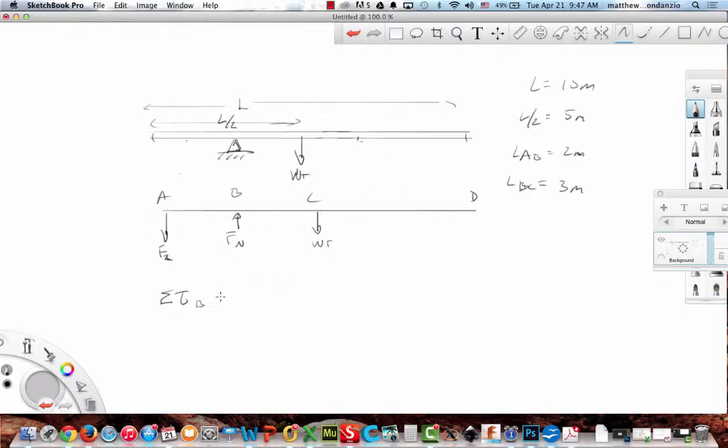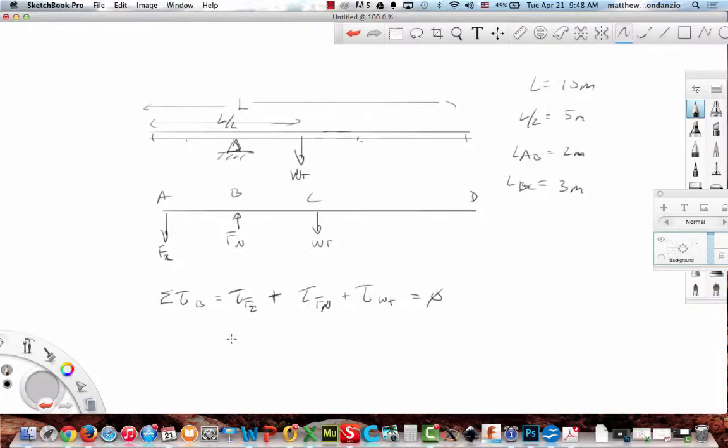So now I can sum the torques around B. So it's going to be the torque of F2 plus the torque of Fn plus the torque of my weight. Sorry, I can't write this morning. And the weight is simply the force of gravity of the ruler, right? And that, if it's balanced, is going to equal 0.